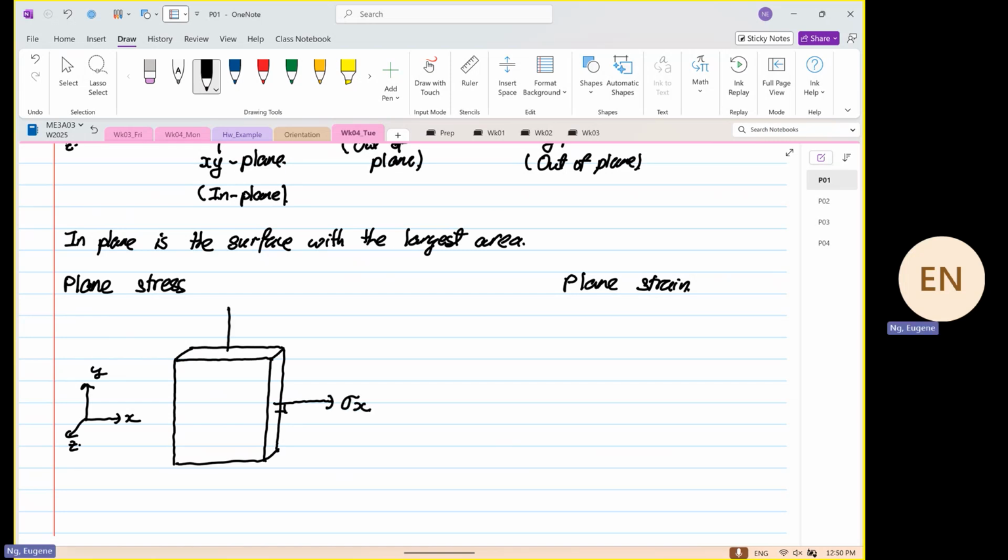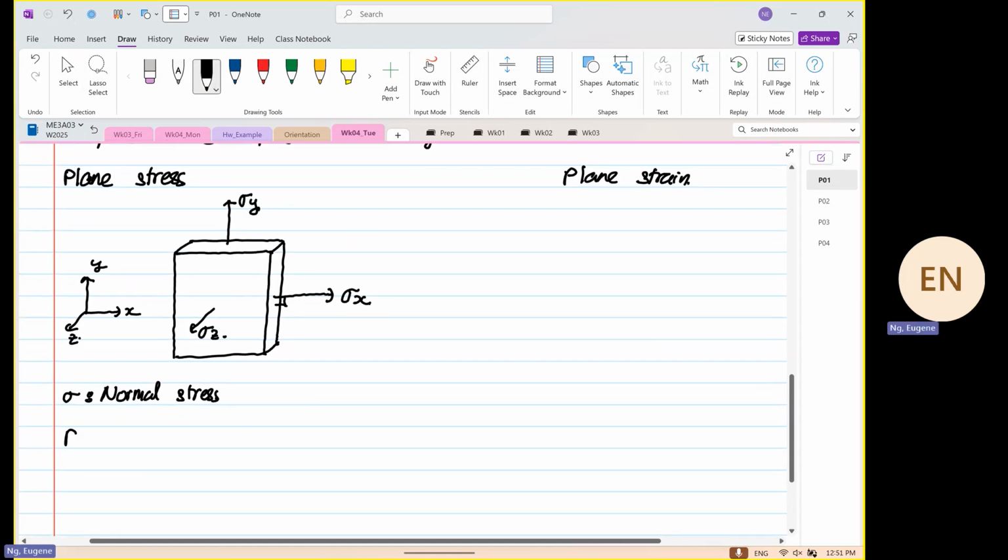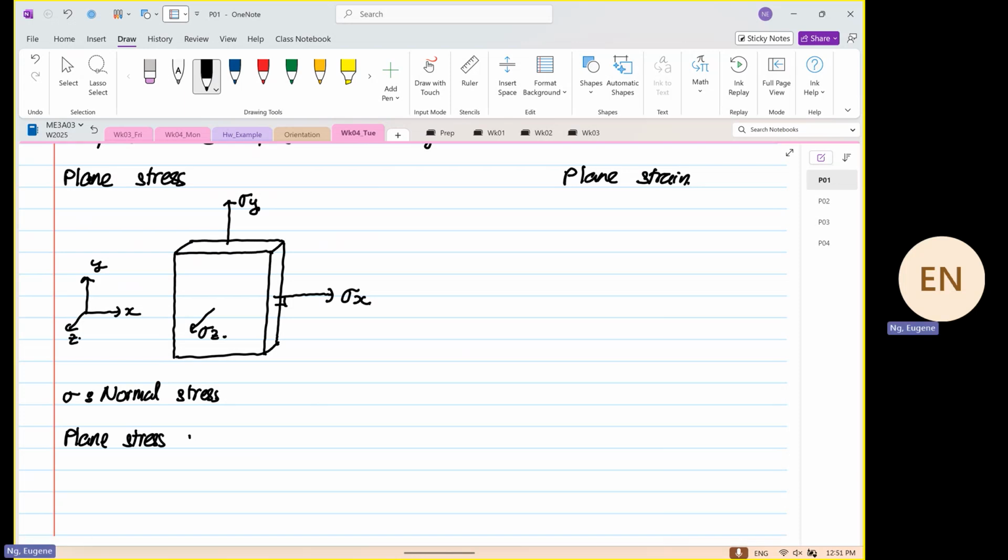We call it normal stress. Okay. So plane stress condition is where stress X and stress Y are not equal to 0. Stress Z is equal to 0.